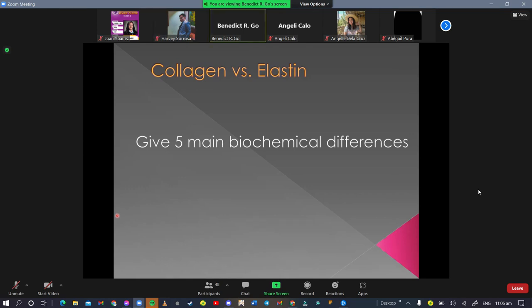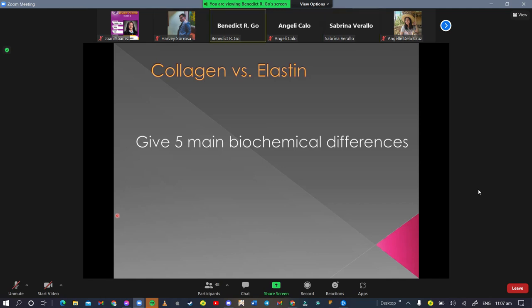Yes, Sabrina, hi. Can you give maybe 1 or 2 biochemical differences between collagen and elastin? If I can remember properly, your collagen is in a triple helix form, your elastin is kind of just a random coil formation, so that it allows stretching. And also your collagen contains carbohydrates while your elastin doesn't.